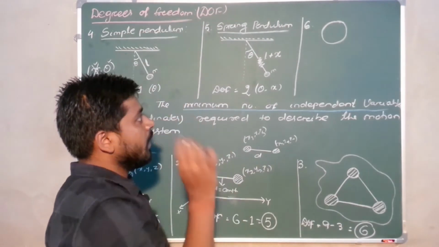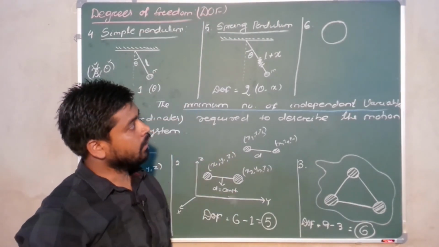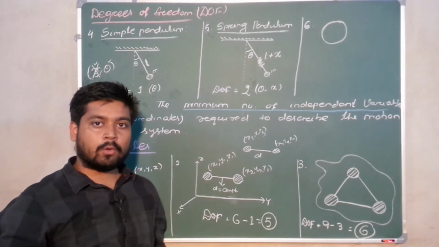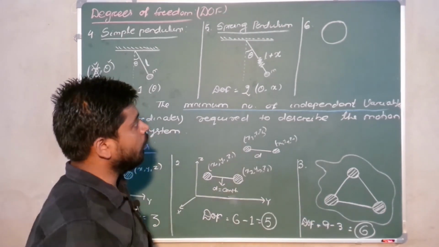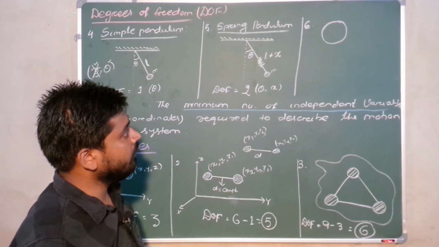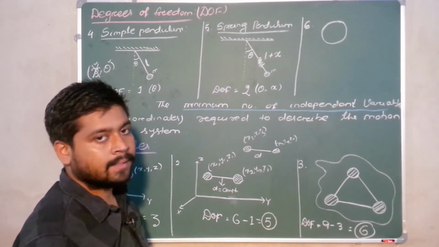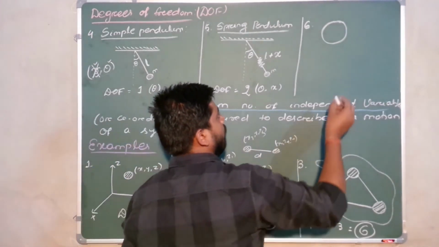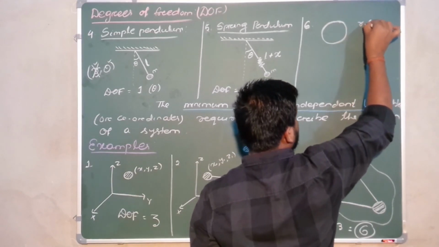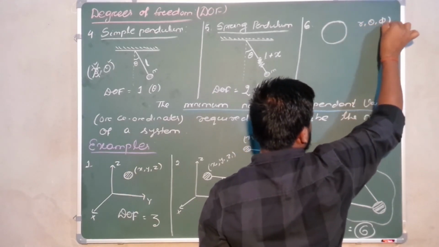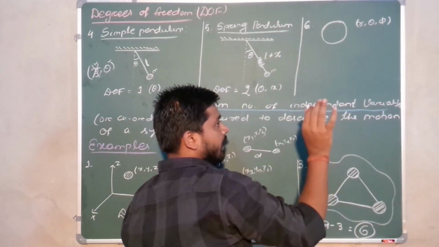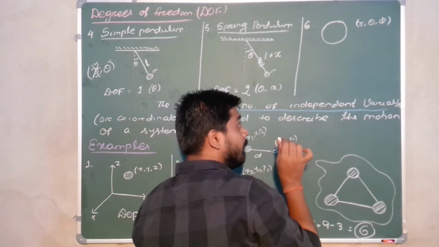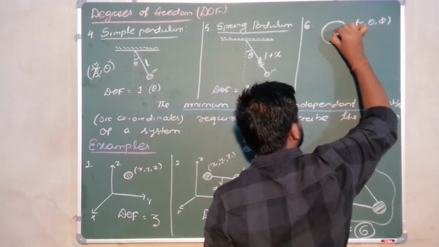If the system is a sphere, then we have to consider spherical polar coordinates instead of Cartesian coordinates. In spherical polar coordinates, we have 3 variables: r, theta and phi. Yes or no? But if we take a sphere, then we know the radius of the sphere is always constant.